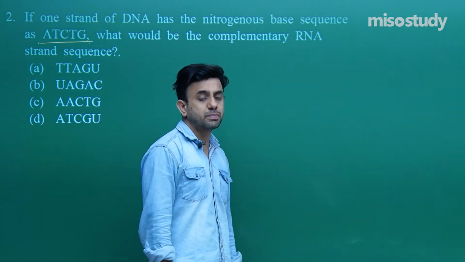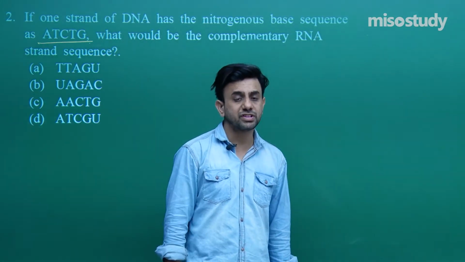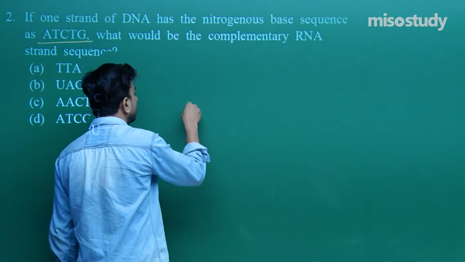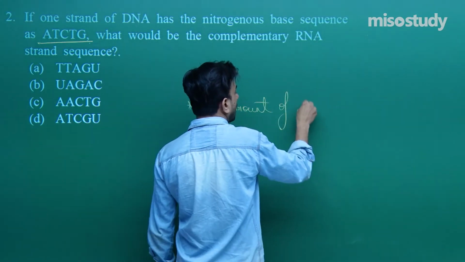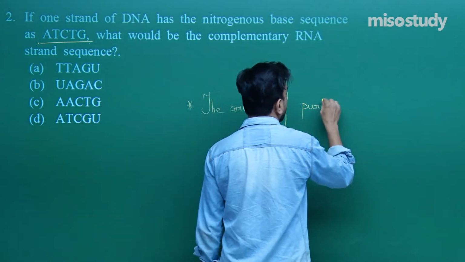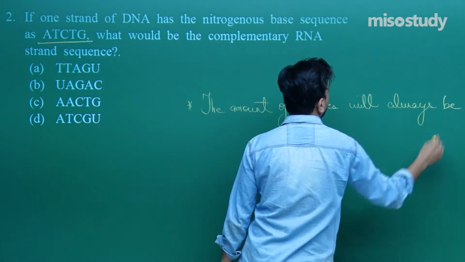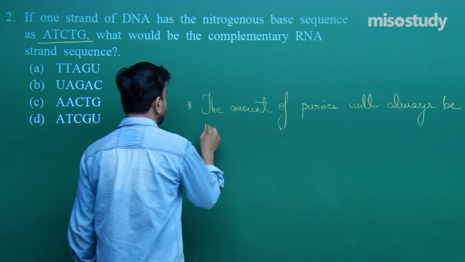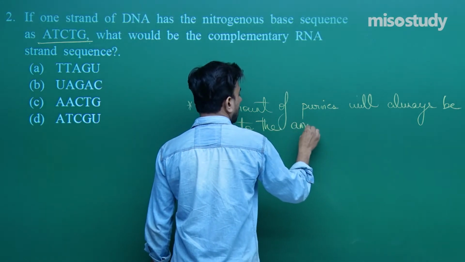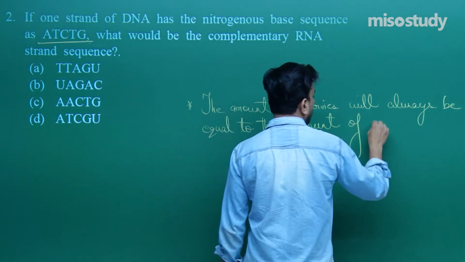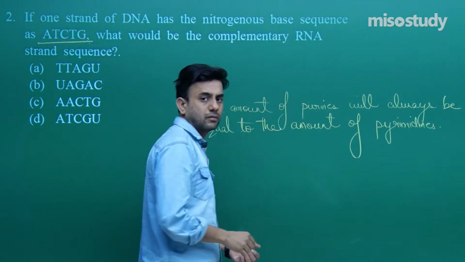Whenever we're talking about the nitrogenous bases, the amount of purines will always be equal to the amount of pyrimidines.